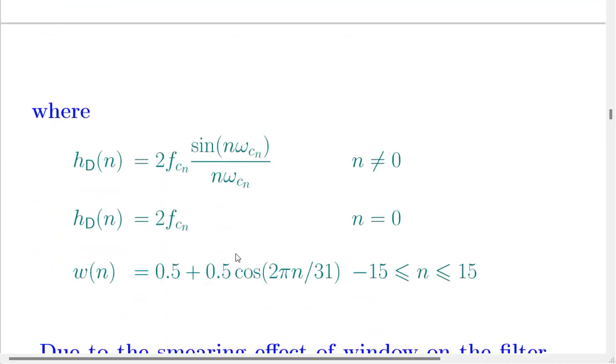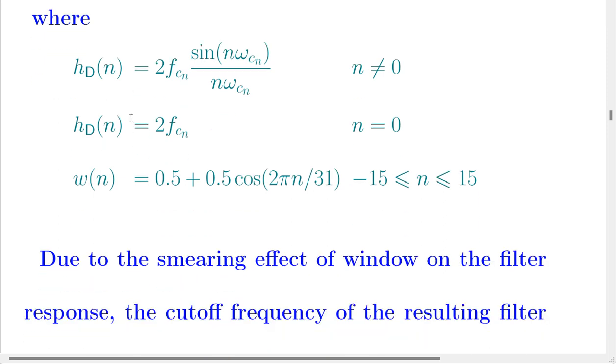So we will have linear phase, where h desired of n is equal to 2 times FCn times sine of n omega Cn over n omega Cn, for n not being equal to 0, otherwise it will be 2 times FCn, and meanwhile the window will be w of n is equal to 0.5 plus 0.5 times cosine of 2 pi n over the degree 31.